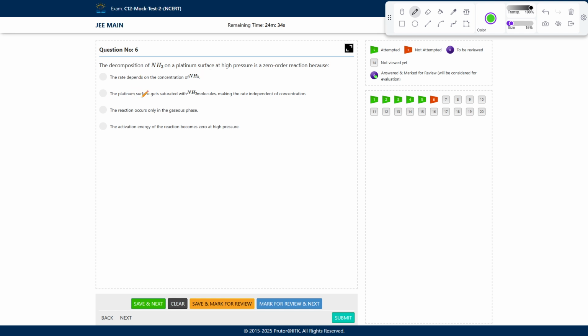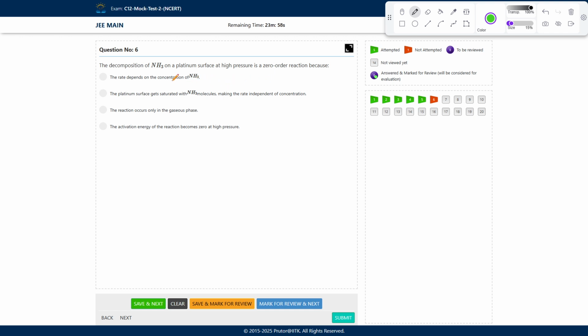The platinum surface gets saturated with ammonia molecules, making the rate independent of concentration. The reaction occurs only in the gaseous phase, or the activation energy of the reaction becomes zero at high pressure. So you have to tell from these four options which reason is correctly representing the explanation for this decomposition of ammonia on the platinum surface at high pressure to be a zero order reaction.